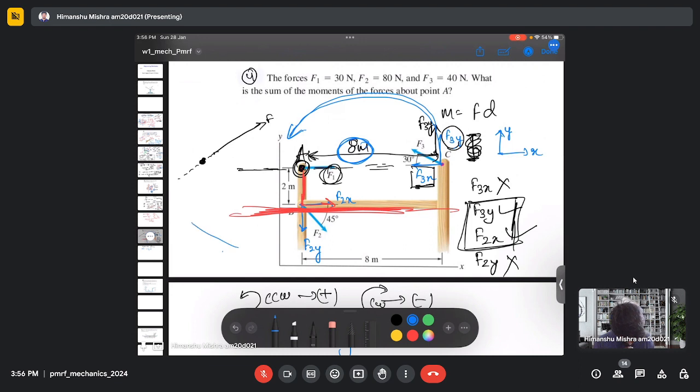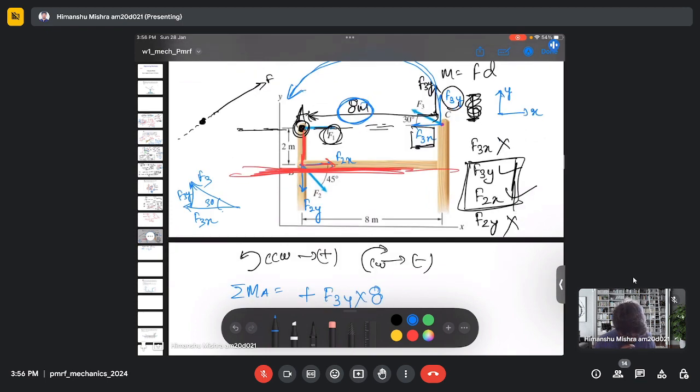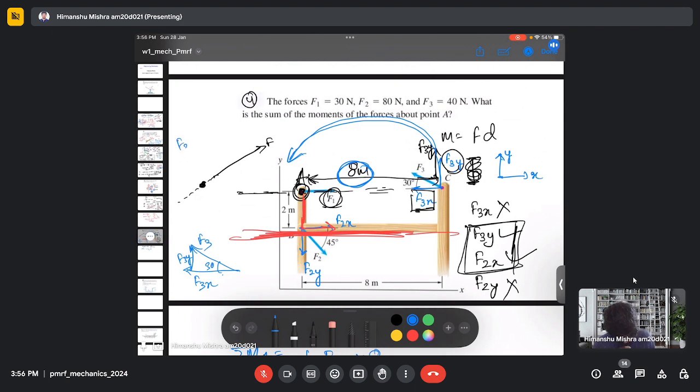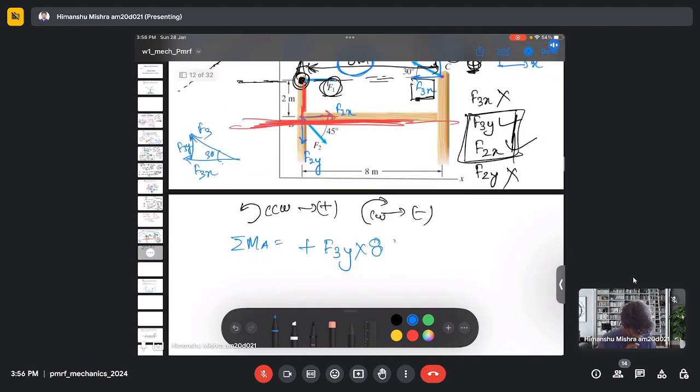So if this is our F3, this is our F3x, this is our F3y, and this is 30 degrees, then F3y is equal to F3 sine 30. So this is multiplied by sine 30 because we are talking about the component.